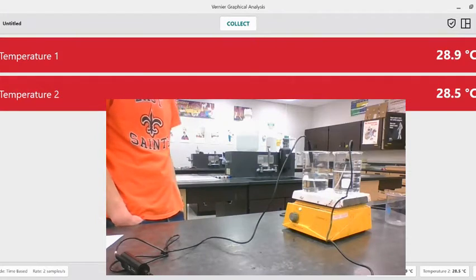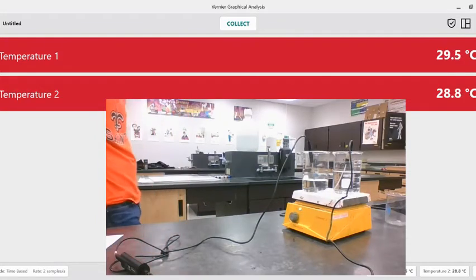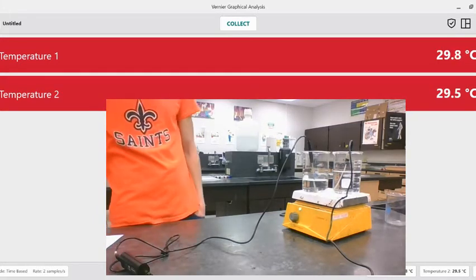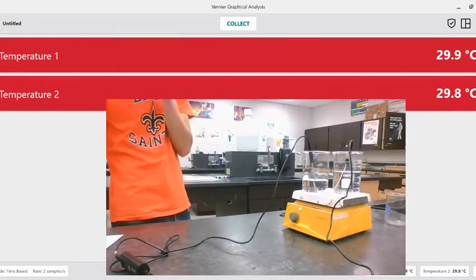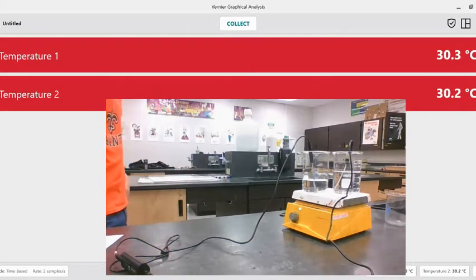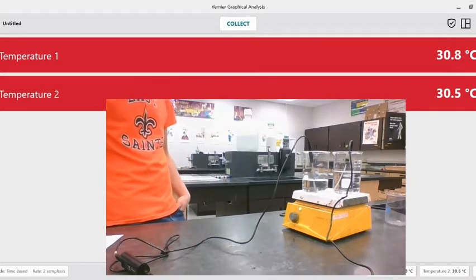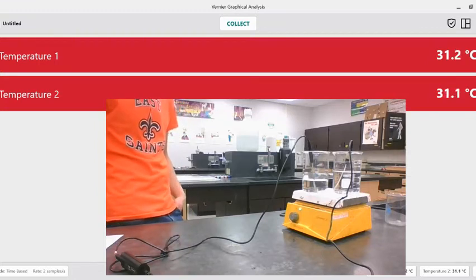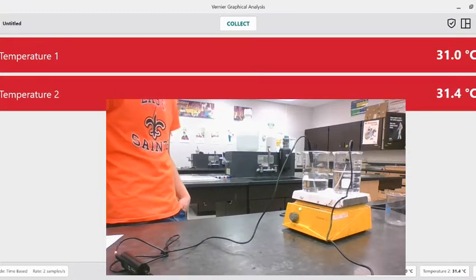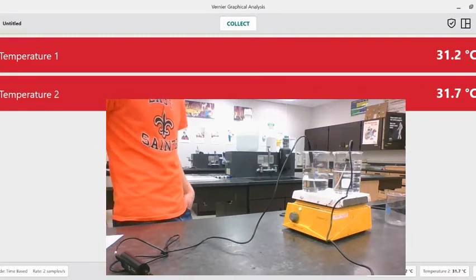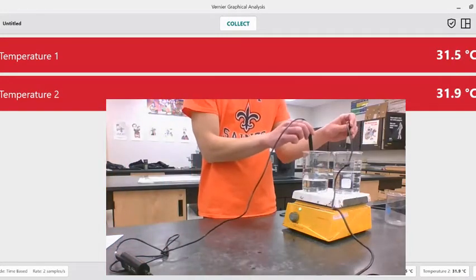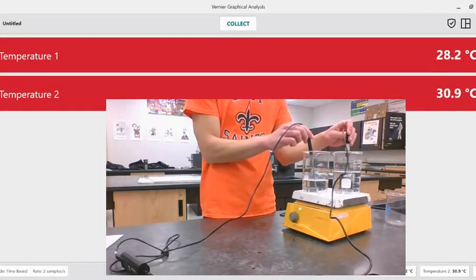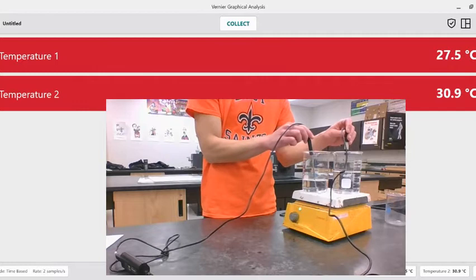The hot plate's cranked up all the way. So those particles in the water are moving faster. That's what we learned last unit. So the particles are moving faster, and that's what we're measuring here with the temperature change. And I'm just going to hold these myself a little bit so that the probes are not touching the hot plate.